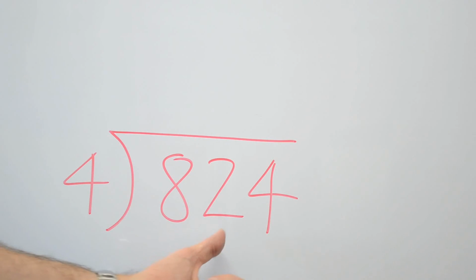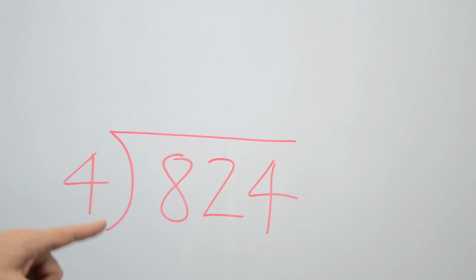If they are a multiple of 4, it's in the 4 times table. So we know it will fit. Write this down on your own bit of paper and have a go for yourself. Pause this, come back in a few seconds and see what you come up with. Okay, pause now.